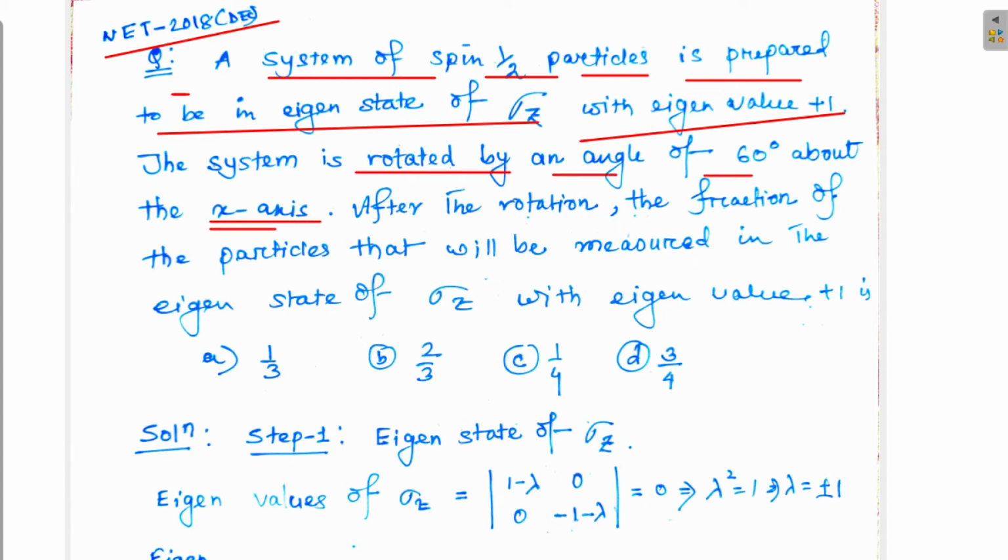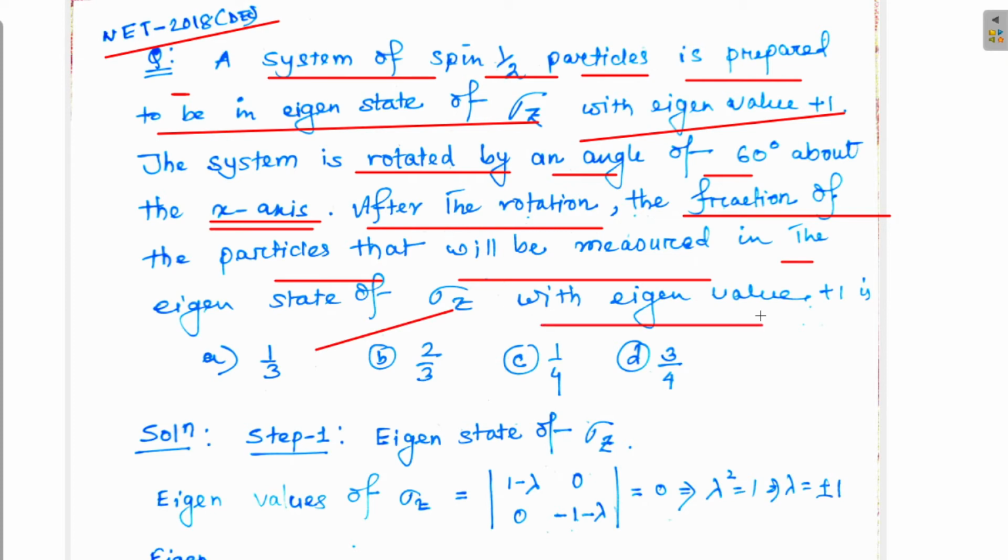So this is important, it is rotated about the x-axis. After the rotation, what is the fraction of particles that will be measured in the eigenstate of sigma z with eigenvalue +1? So this is the information that has been given. So the options are like this.